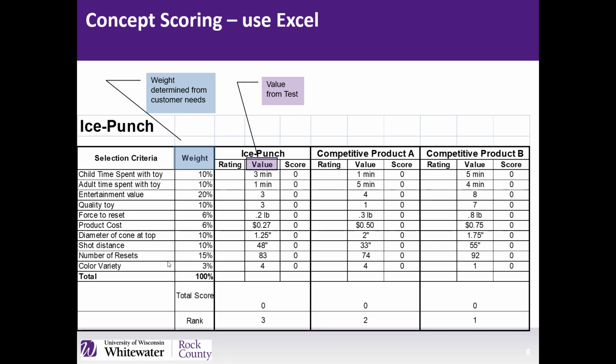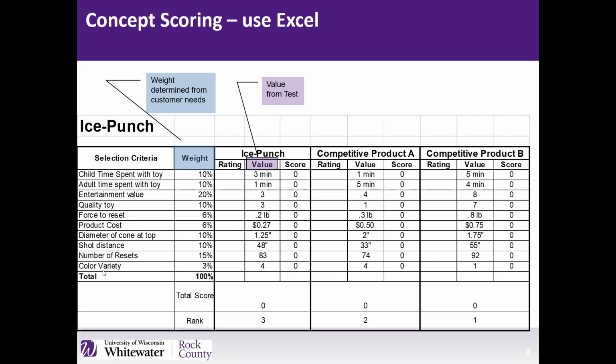Some things are subjective, such as maybe the entertainment value, right, or the quality of it. We could maybe do a survey and get some values from it, right? Have people rank it from 1 to 10 on good to bad, whatever, as far as entertainment value, and we could then put in values there.